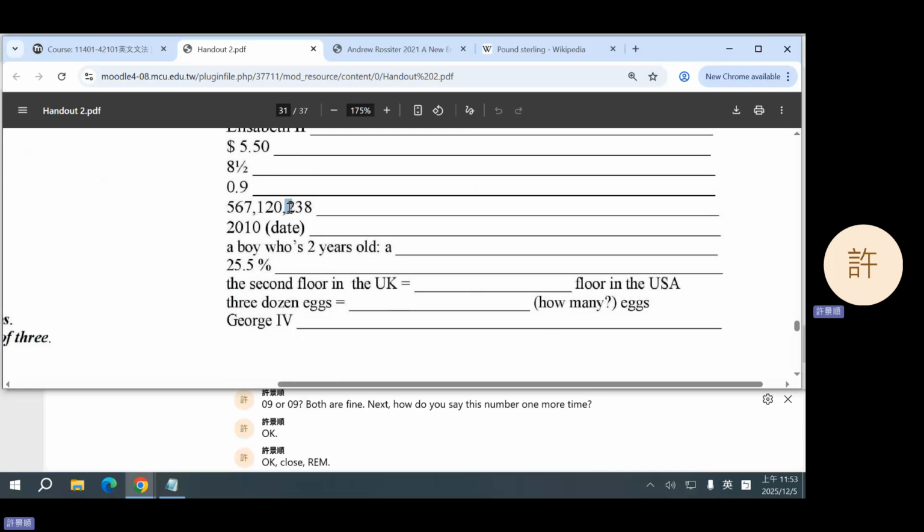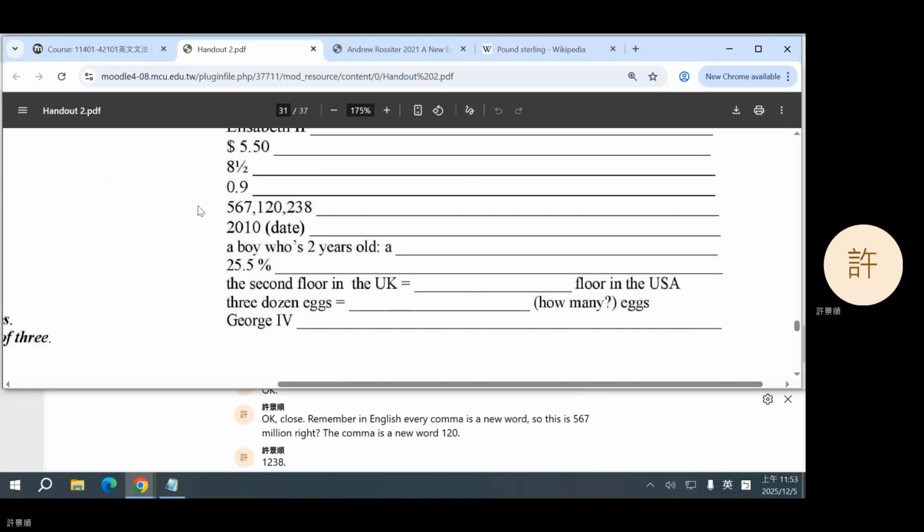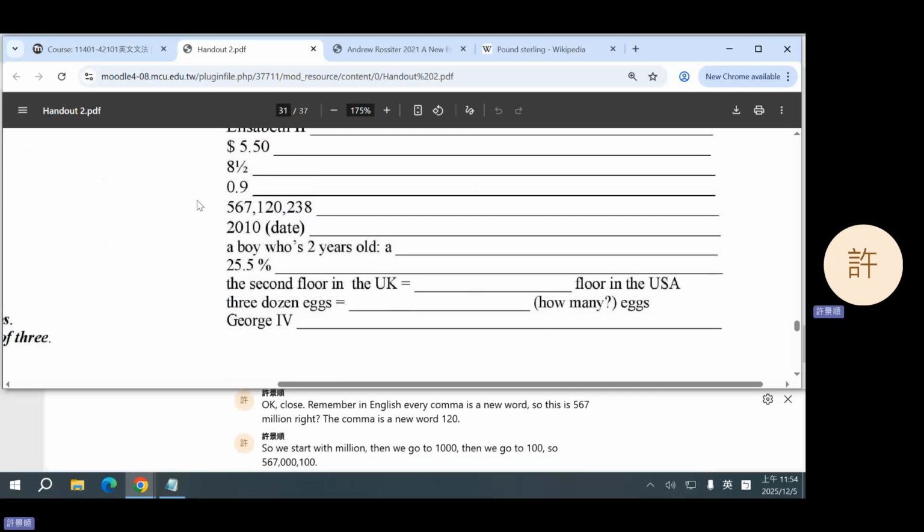Remember, in English, every comma is a new word. So this is 567 million, right? The comma is a new word. 120,238. So we start with million, then we go to thousand, then we go to 100. So 567,120,238.